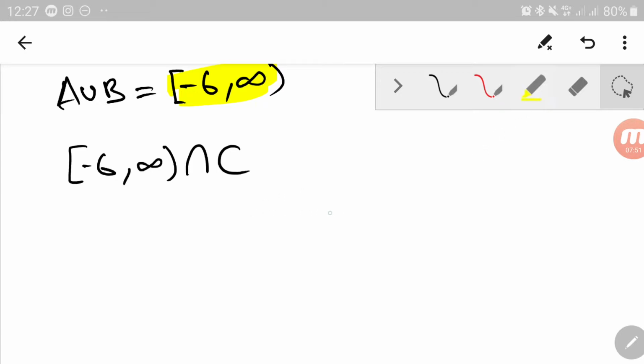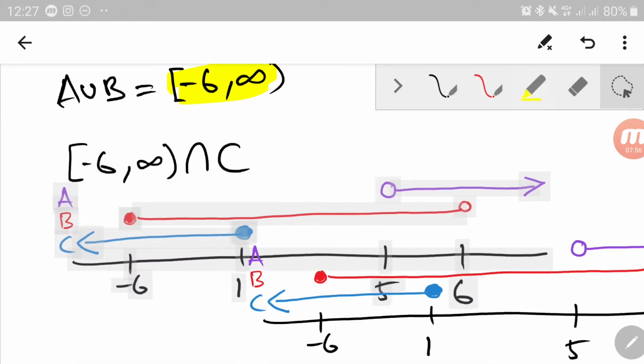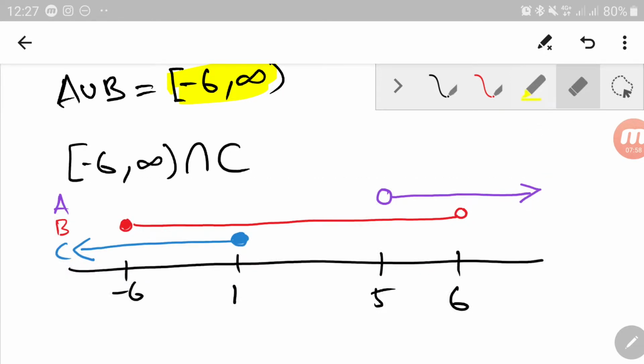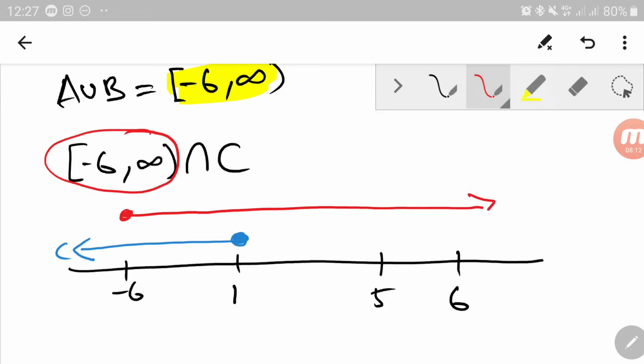So I copy paste what I had before over here, but since we only need C, this red and green I erase, so maybe you can represent this as a red line. So it's from minus 6 until there.